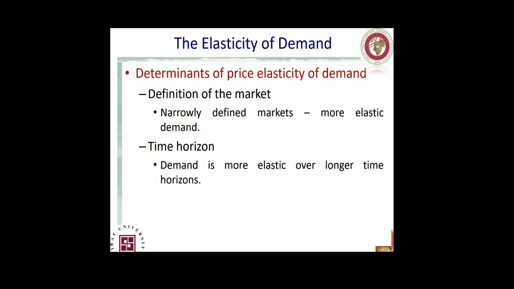Okay. You may think also of the definition of the market. The definition of the market actually determines whether the demand of a good or a service is elastic or not. Now, the broad definition of any market, of any quantity of a good, determines whether it is elastic or not.